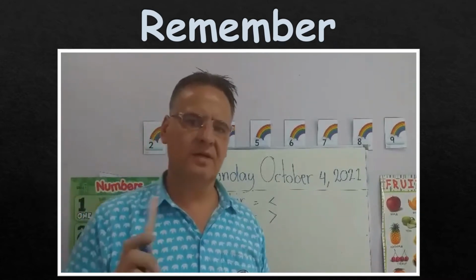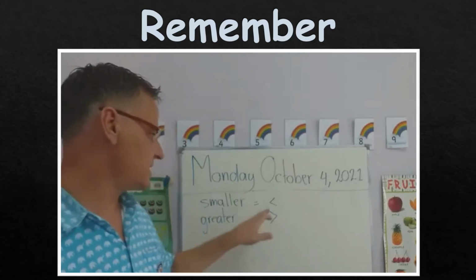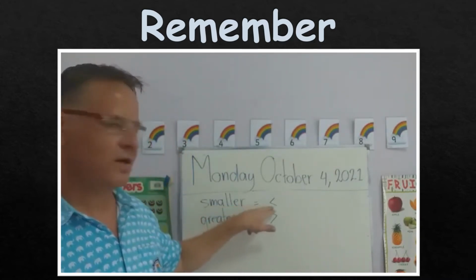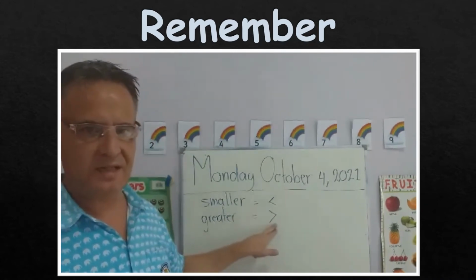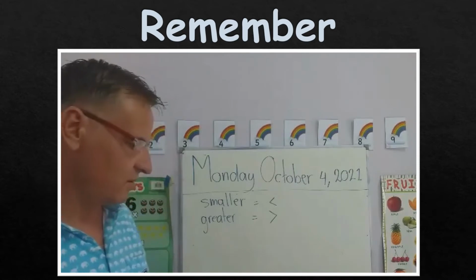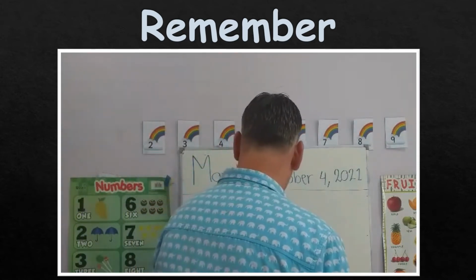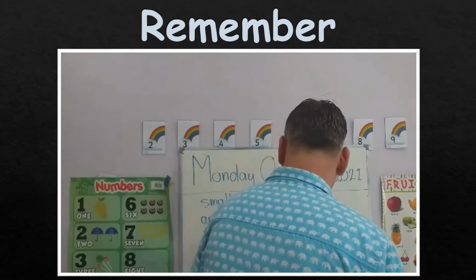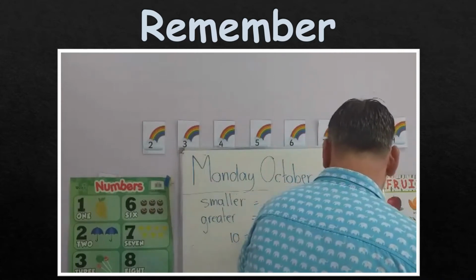Okay, before we continue, a few things I want you to remember. You know these signs, right? This is the smaller sign, and this is the greater sign. So, for example, you write 10 is greater than 5.